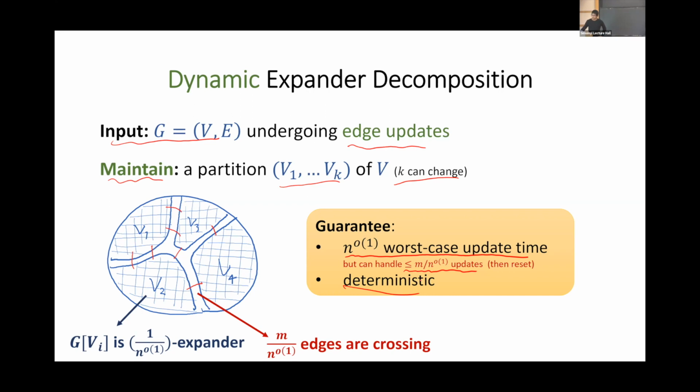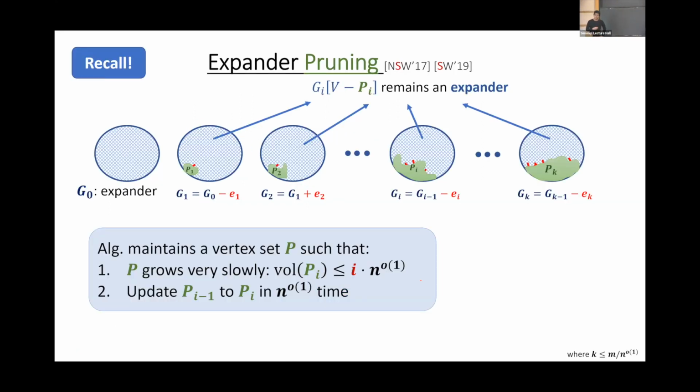Okay. So just recall, we have this expander pruning algorithm that if you have an expander and you have an edge update, you can keep growing the pruning set slowly such that the complement is still an expander.